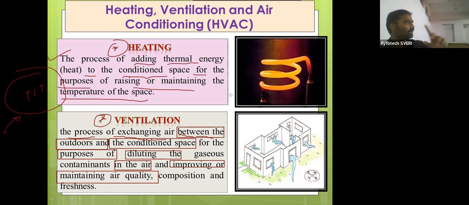So whatever gaseous particles are inside should be removed outside, and the inside air should be improved. The quality, composition and freshness are improved inside the conditioned space.